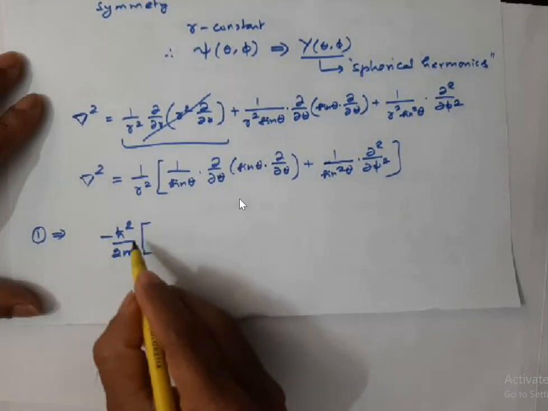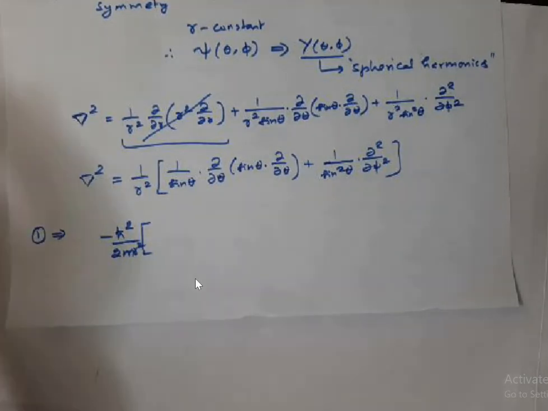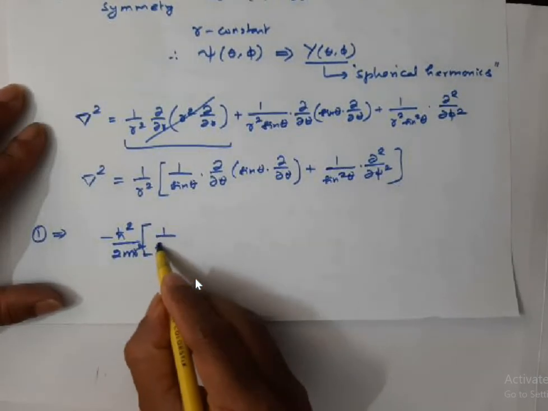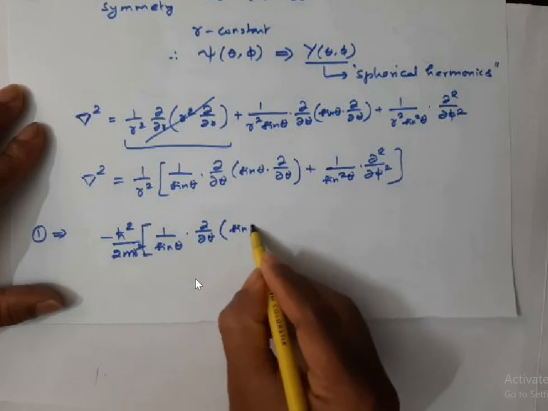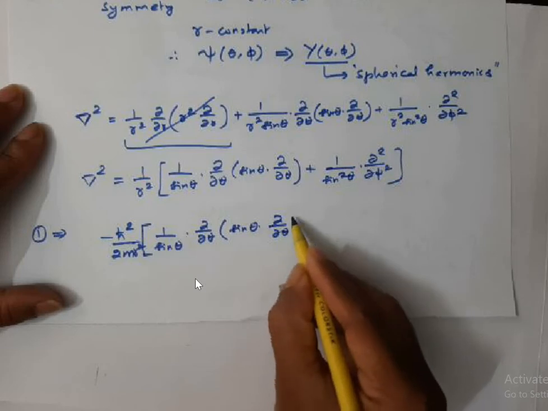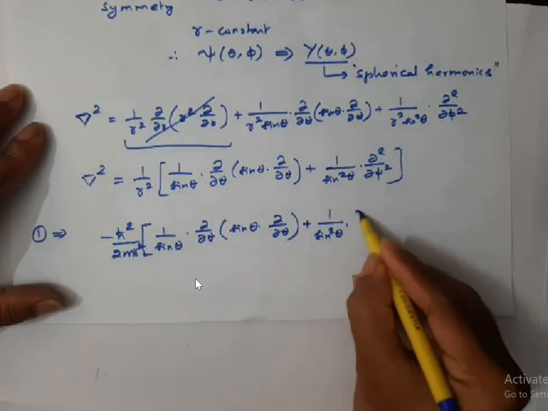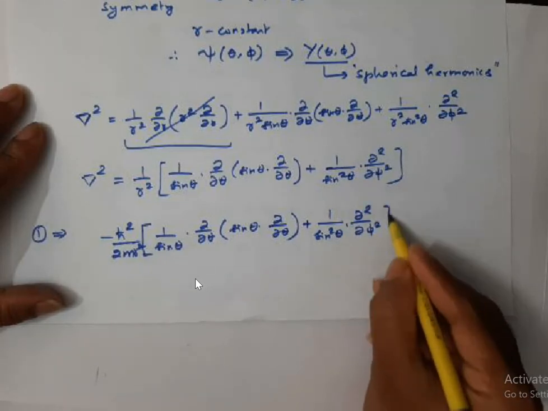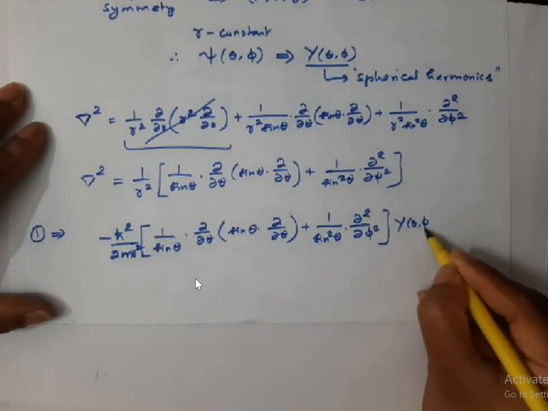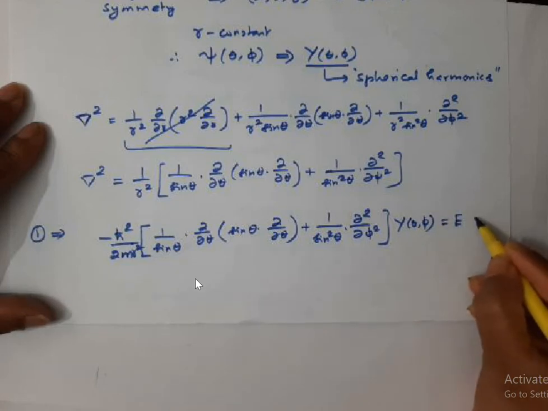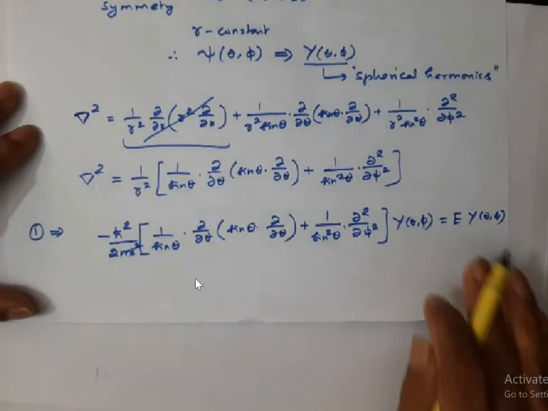We have 1 by r square here, so I'll write 1 by r square here, and the operator 1 by sine theta into dou by dou theta into sine theta dou by dou theta plus 1 by sine square theta into dou square by dou phi square. And the wave function is now represented as Y, which depends on the theta and phi variables, equal to E into Y(theta, phi). So this is the equation.